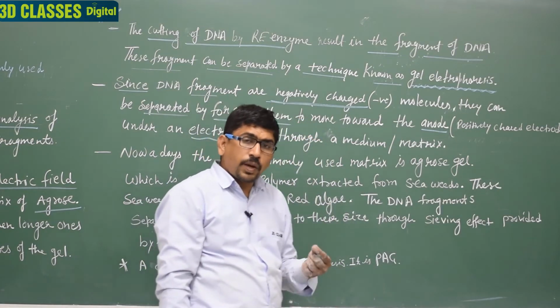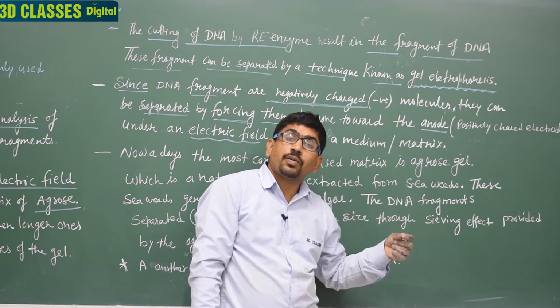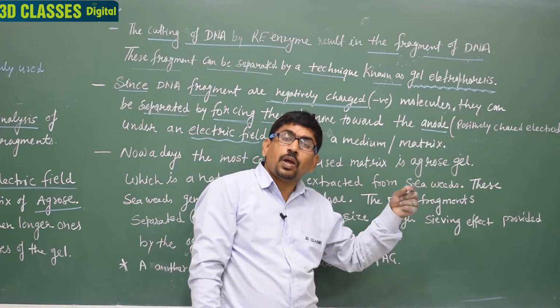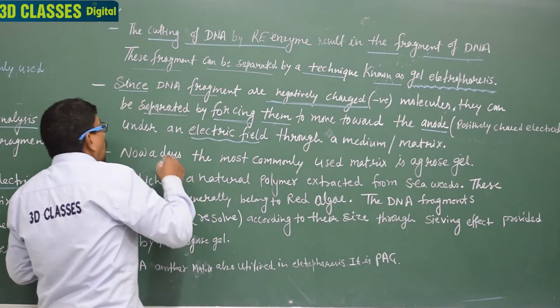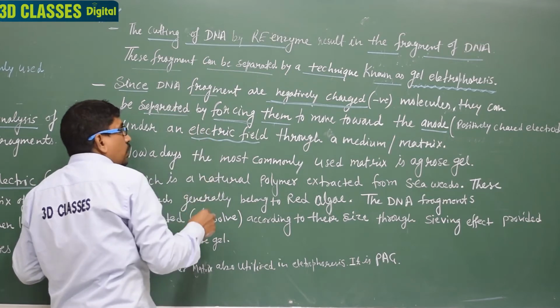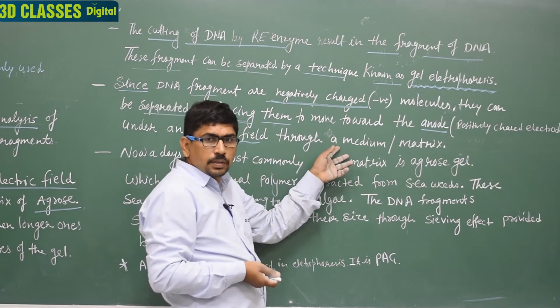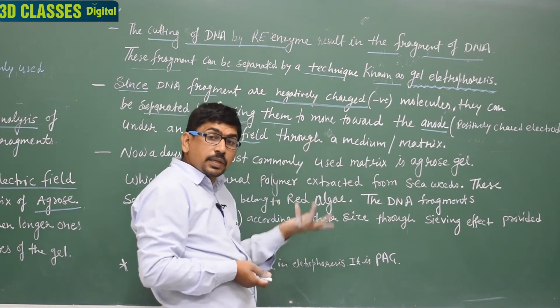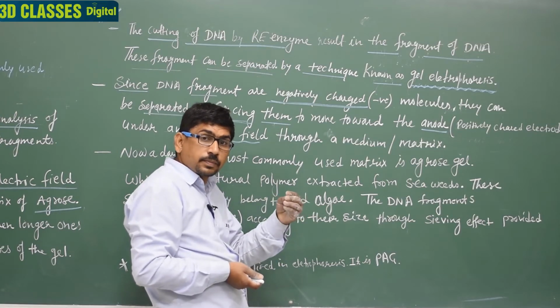So, we can say the movement of the DNA molecules is from the negative to the positive side, cathode to anode. Clear? Next, under an electric field, through a medium or matrix. Clear? And this matrix is the gel matrix.